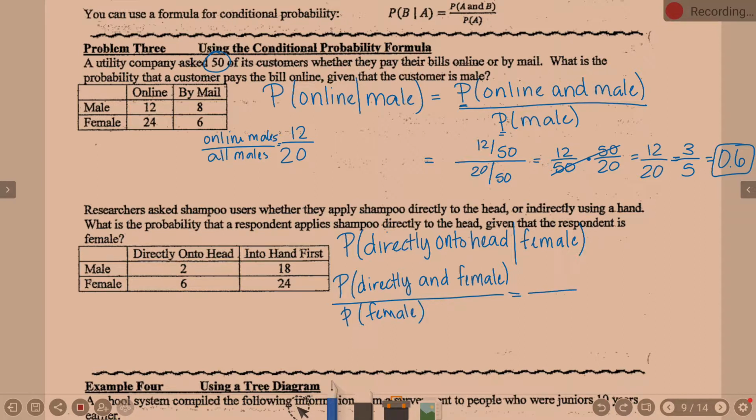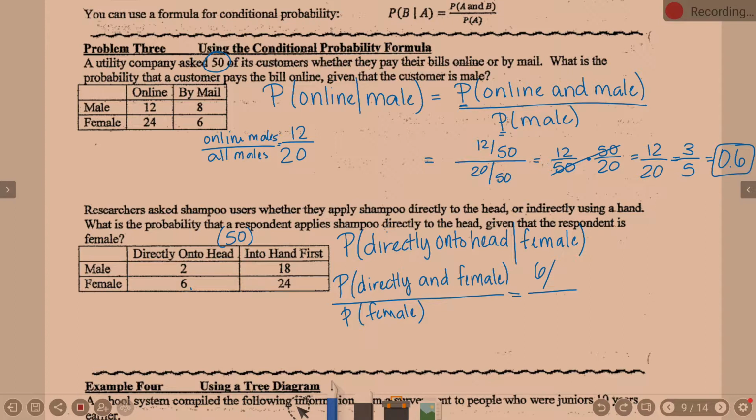What is the probability that they apply directly and they're a female? 6 out of what officially? They didn't tell us how many. Are there 50 respondents this time? There's 30 females and 20 males. Again, it's out of a total of 50 respondents.